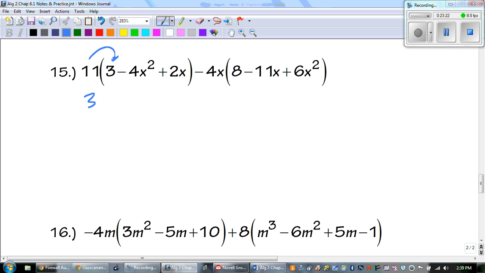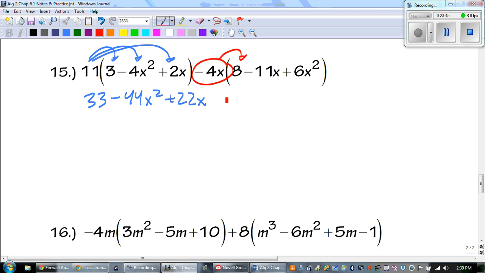11 times 3 is 33. 11 times negative 4x is negative 44x squared. And then 11 times 2 gives us 22x. I like distributing that because I didn't have a variable, whereas in here, it's negative 4x. So we have to pay attention to that.